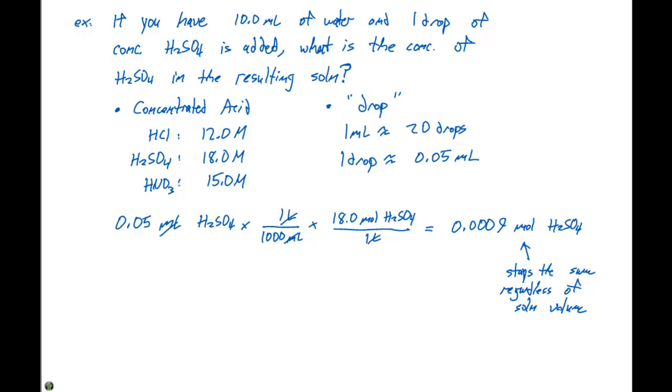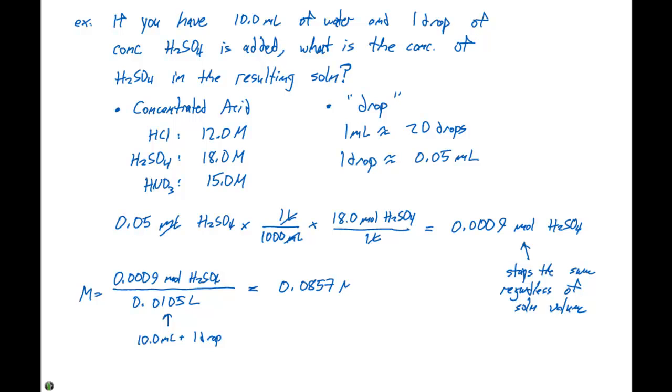So if we have 0.0009 moles of H2SO4 divided by, and we can say this is our concentration, 0.0105 liters, which is the 10.0 milliliters plus 1 drop, this is going to give us a value of 0.0857 molar.